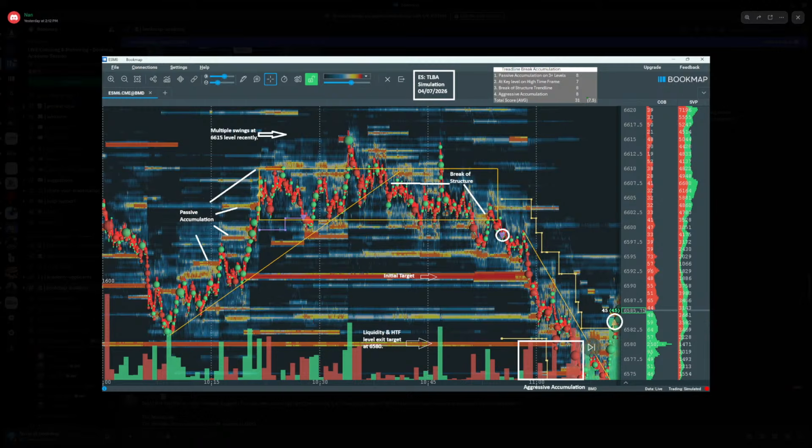I really want to talk about the exit because this is what I was talking about previously. As you see, Bruce, as he trails his stop, as price got to 65.75, and then you see it started rotating down there.